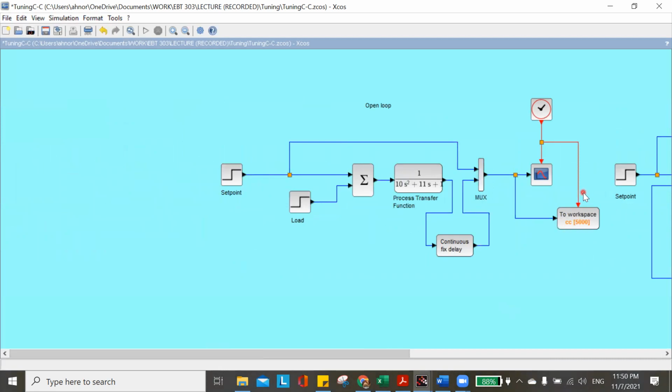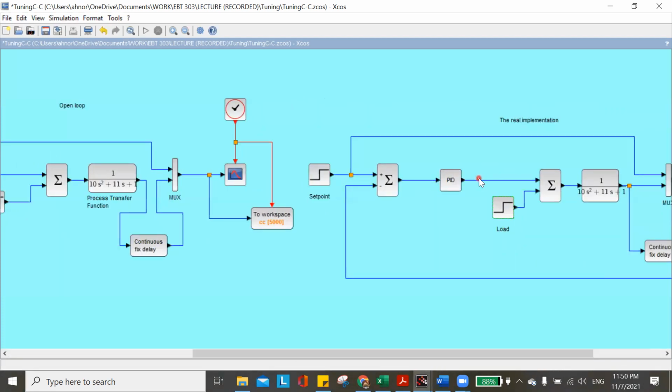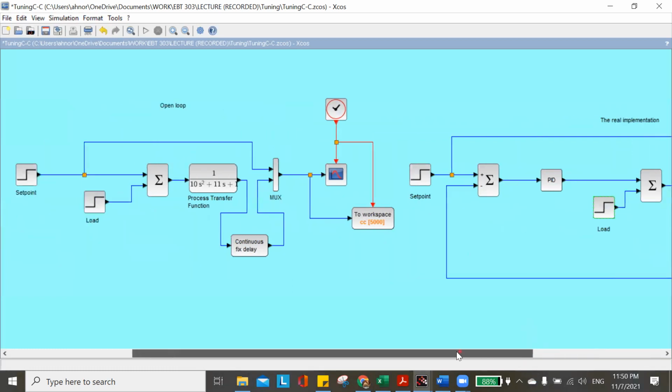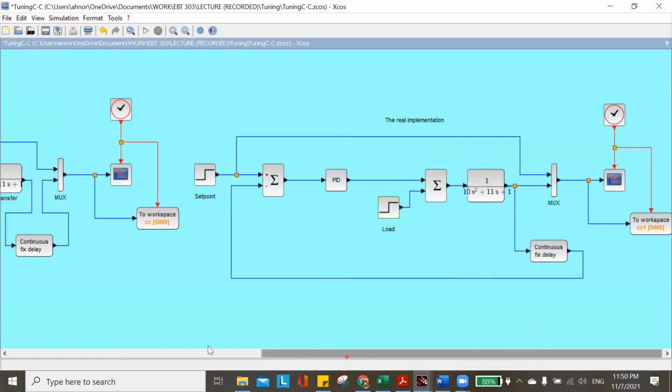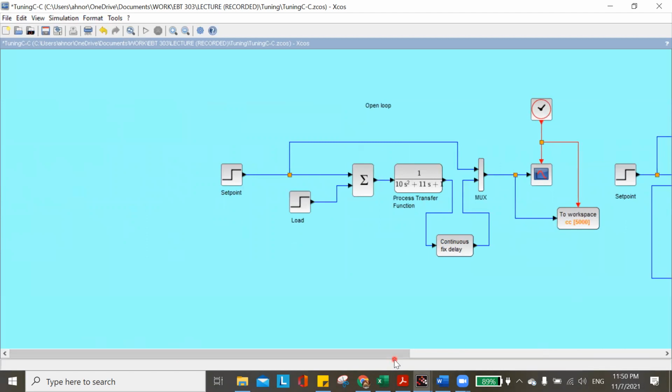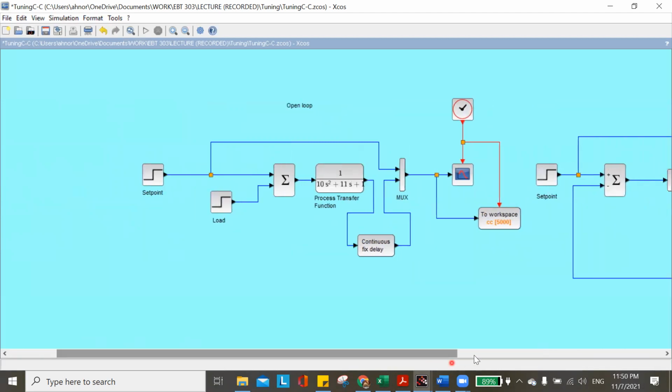What I did is exclude the controller. I also excluded the summing junction, because the summing junction is used to combine the input and the feedback, the output from the system back to the system. I exclude both, leaving only this open loop system.